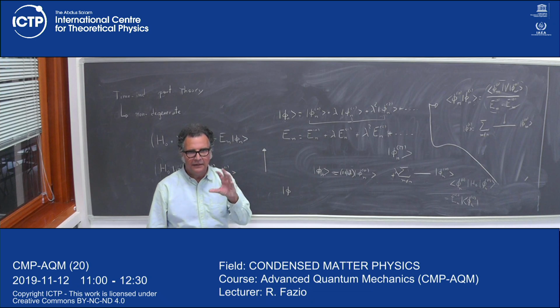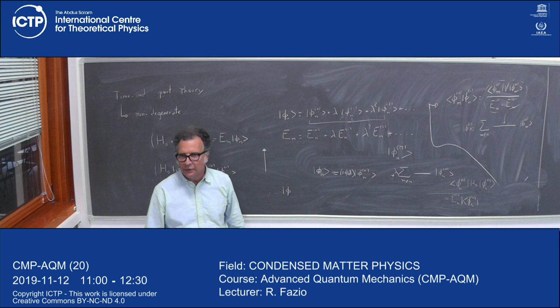I apply a tilted magnetic field a little bit, and I ask you, what is the correction such that the new vector has the same length unity, but it is aligned to the magnetic field?